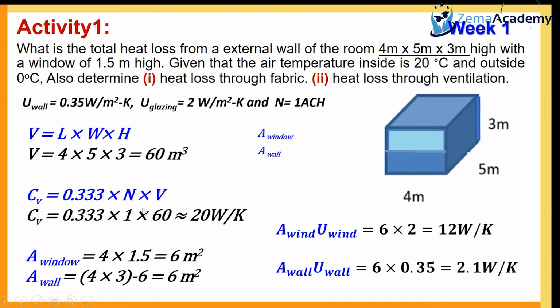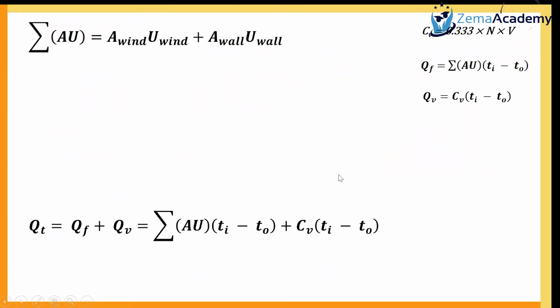So now that you have calculated the thermal conductance and the ventilation conductance, you can substitute these two values in the equation. So here it is. For the first part, you need to sum up the thermal conductance of the window and the wall, and then find the Q ventilation, which is this part.